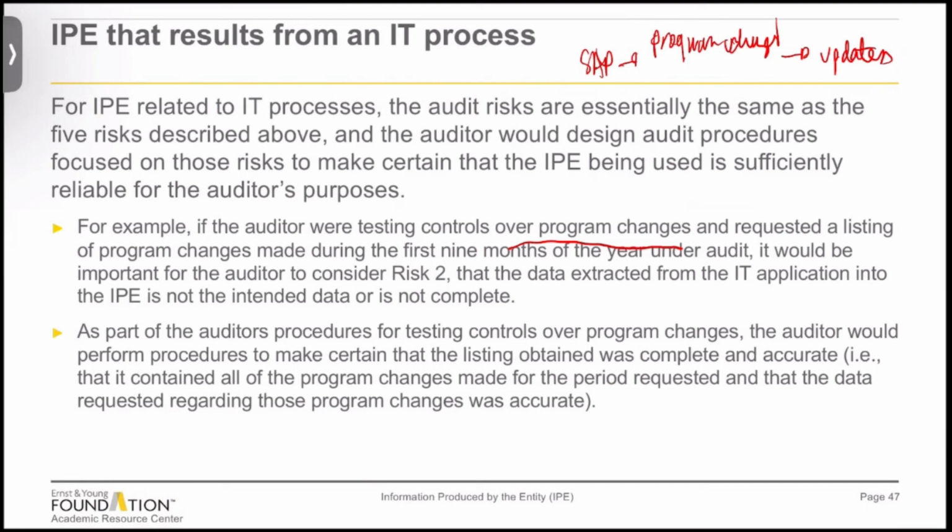And as part of the auditor's procedures for testing controls over program changes, the auditor would perform procedures to make certain that the listing obtained was complete and accurate. For example, that this list really contained all of the changes that were made for the period requested, and that data requested regarding those program changes was accurate.